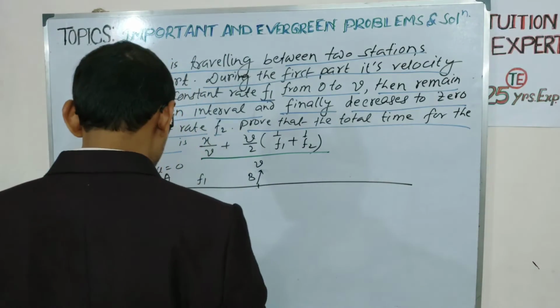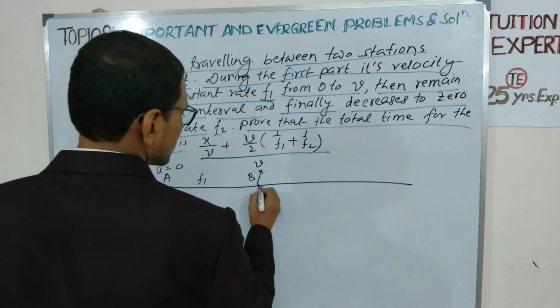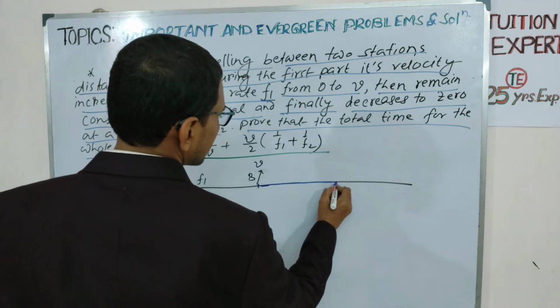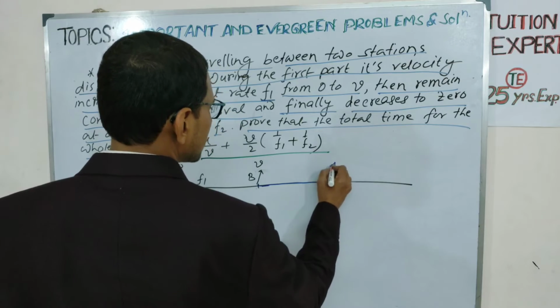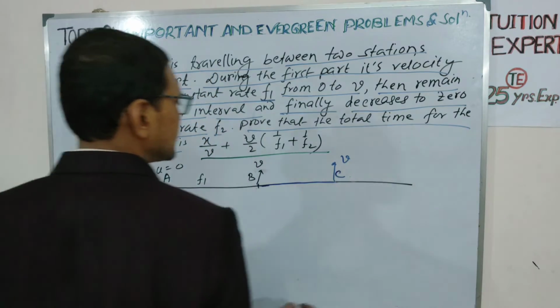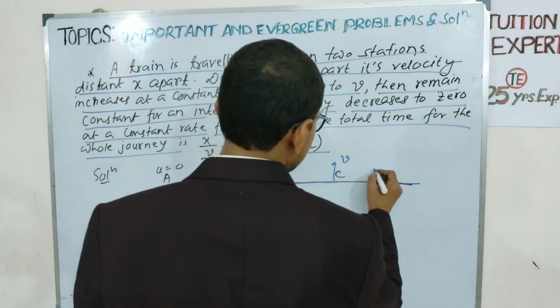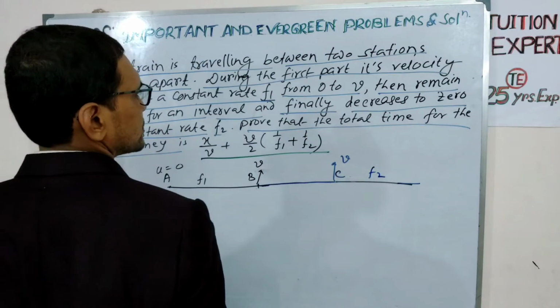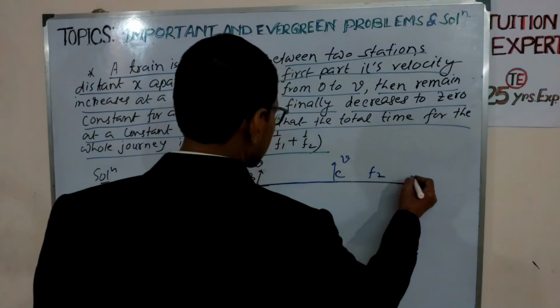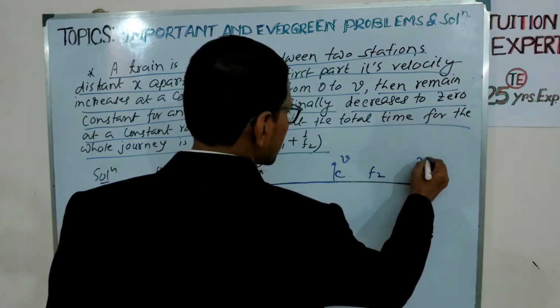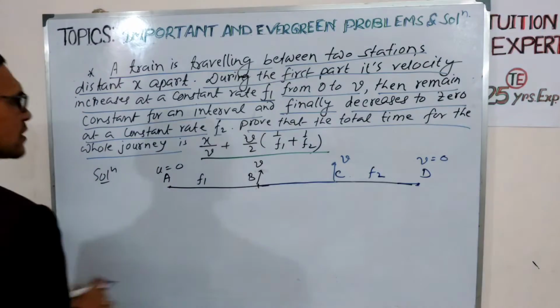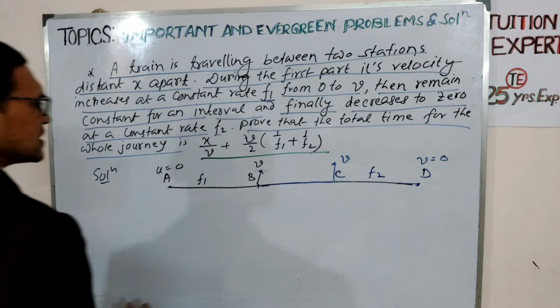Now it moves with constant velocity for part BC, so velocity remains v. Then velocity decreases at a constant rate f2, that is, retardation is f2, and at station D the velocity becomes 0. Prove that the total time taken for the whole journey is this.